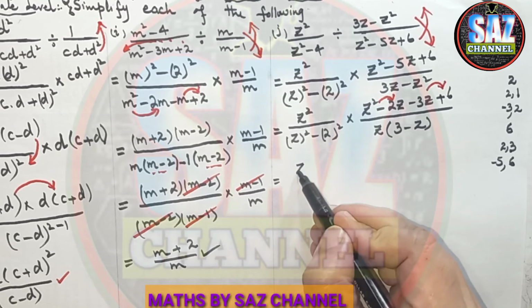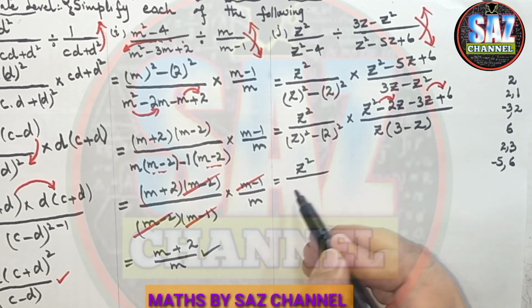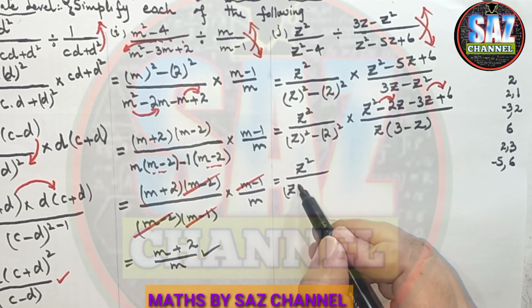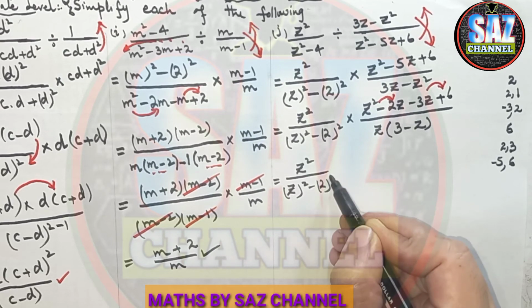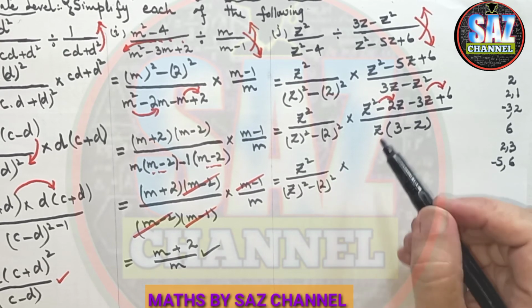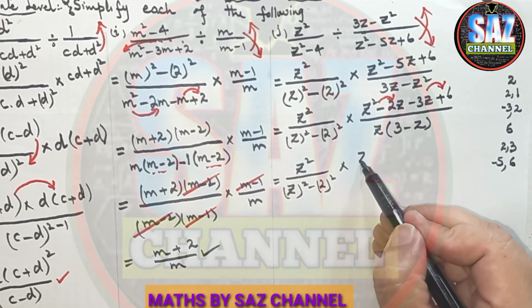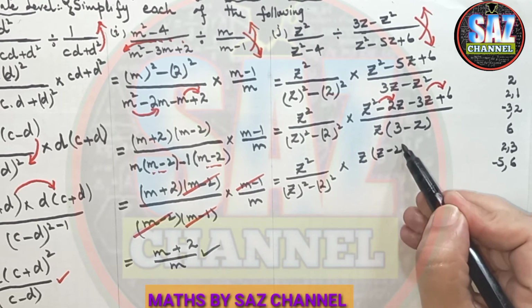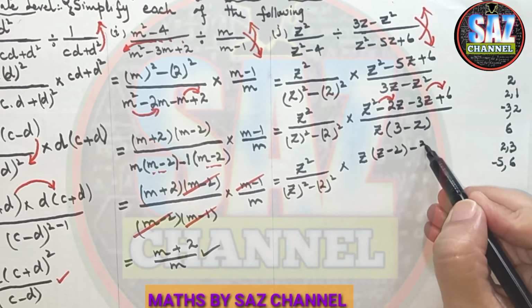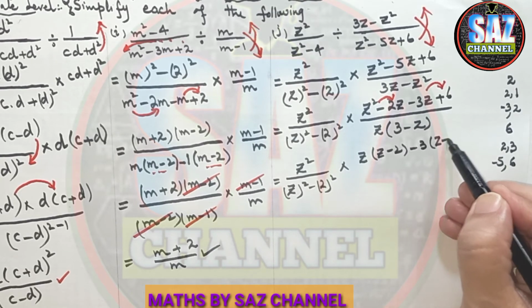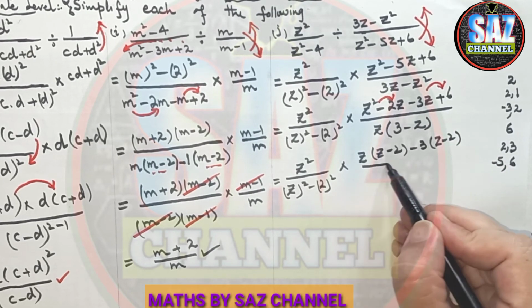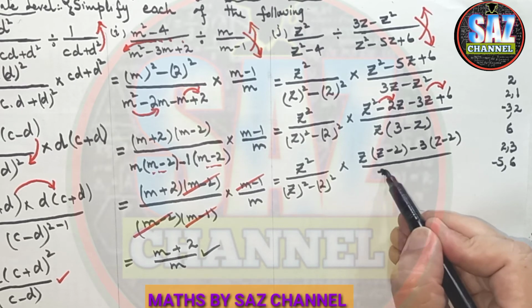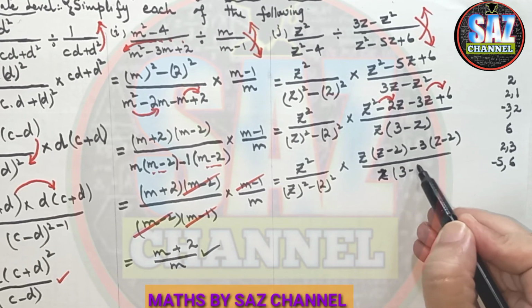So in the next step, I will write the first fraction as it is, z whole square minus 2 square, multiplied by, now z extract the common factor out, z minus 2 minus 3 into z minus 2 upon z into 3 minus z.